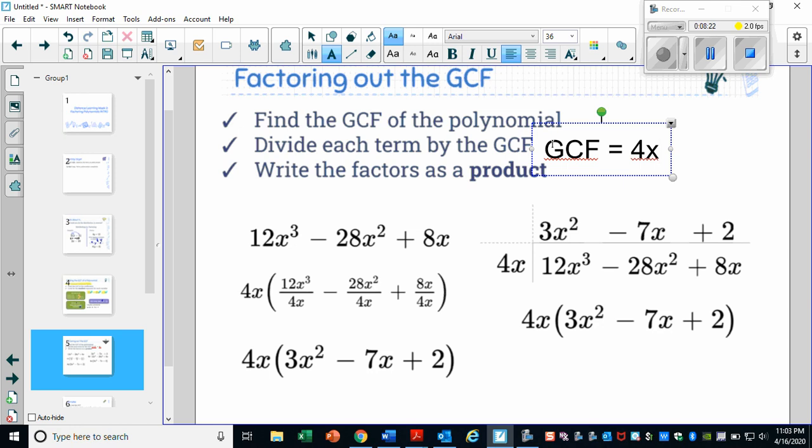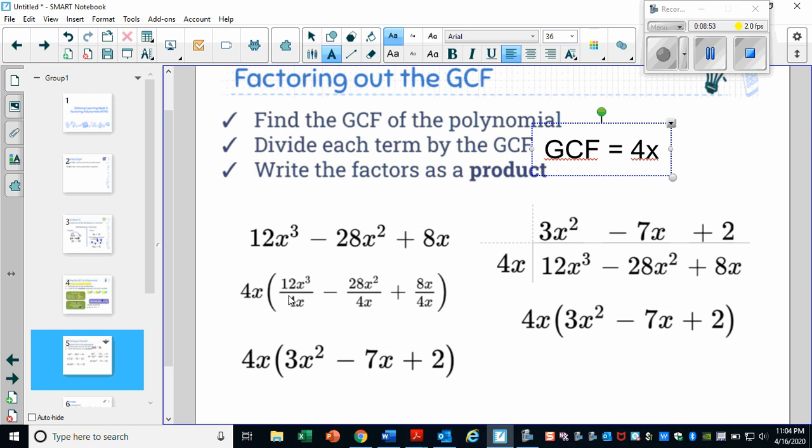We divide each term, 12x to the third, negative 28x squared, and 8x, by 4x. You keep your polynomial, but divide each term by the GCF, and then you simplify each division portion of your polynomial.